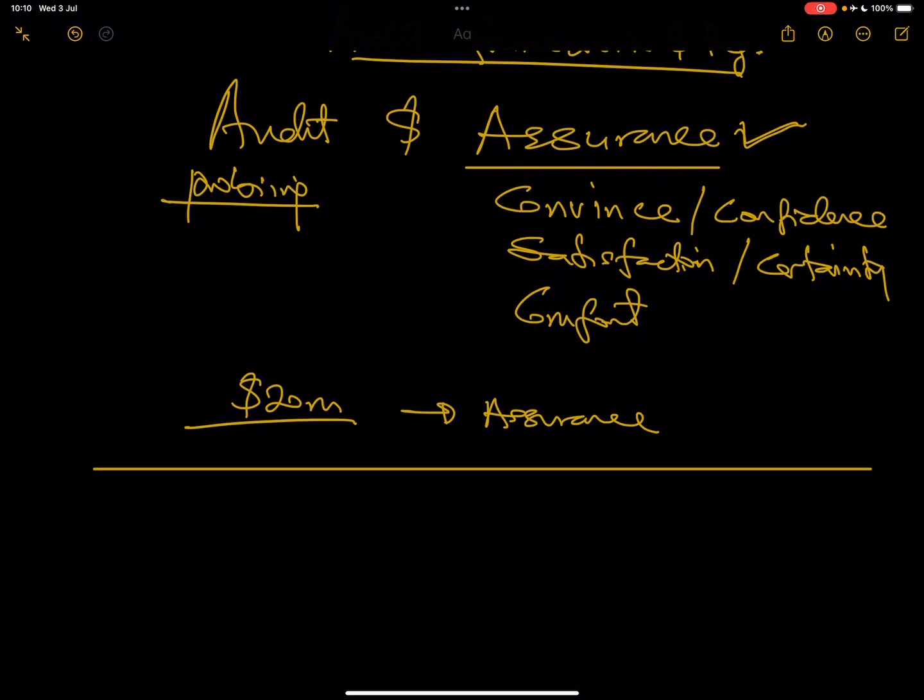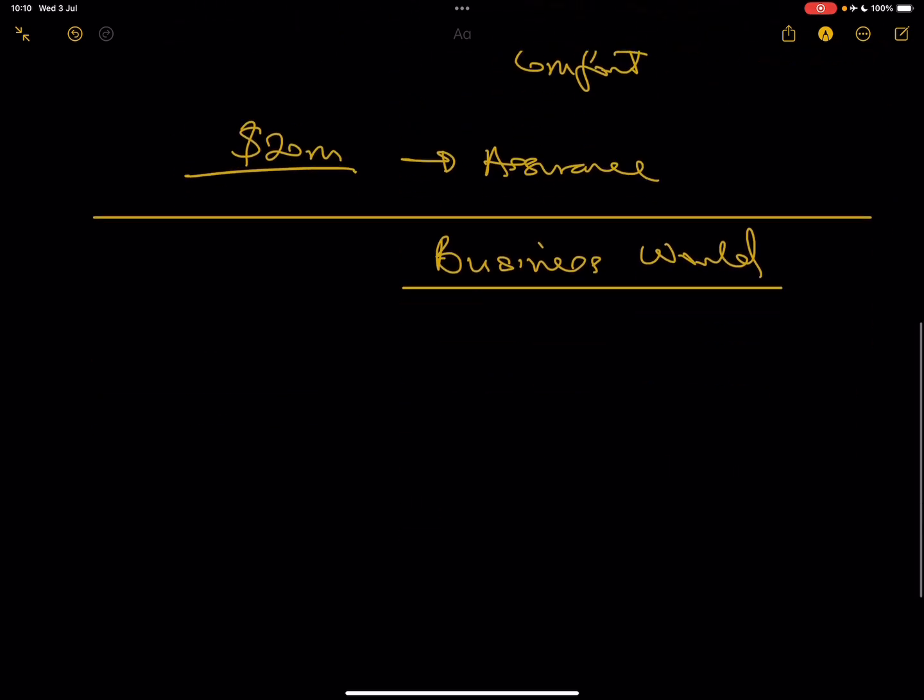The next thing is, let's now take it to the business world, which is where it is very relevant for this paper. Why are we talking about assurance in the business world? We're talking about assurance in the business world because the owners of the business, called shareholders, have invested in the company.